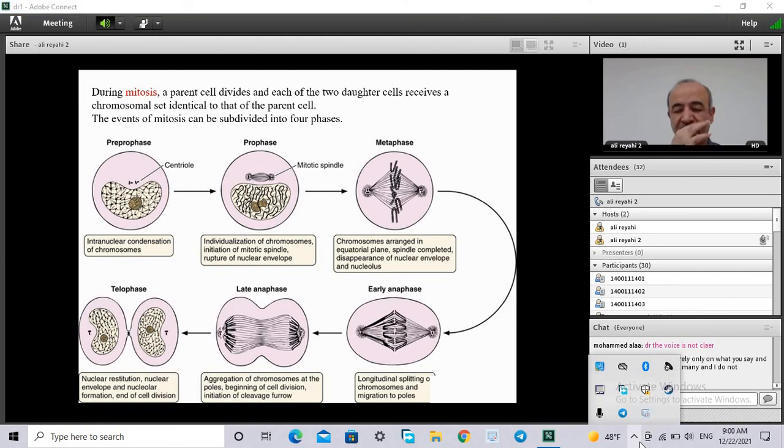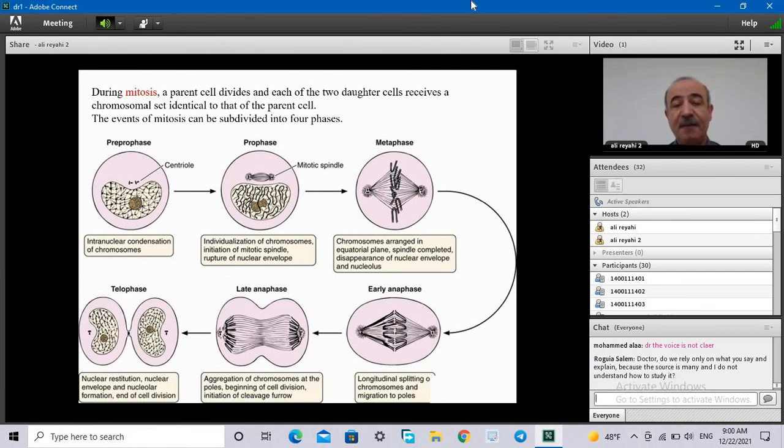Usually it forms 4 gamete cells. From a 2N chromosomal cell, the daughter cell becomes N chromosomal during meiosis. But during mitosis, the daughter cells keep the 2N chromosomes, that means the 23 pairs of chromosomes.